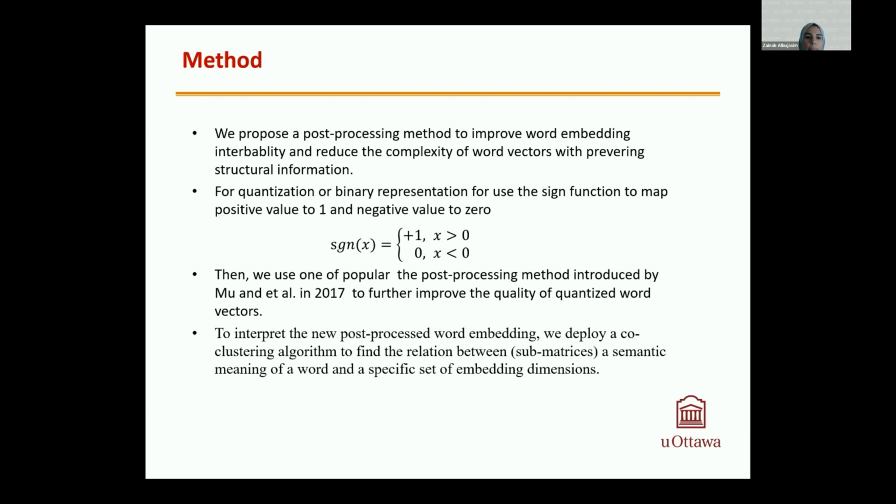And the final step to interpret the post-processed word embedding, we deploy a co-clustering technique to find the relationship sub-matrices between a specific dimension and a specific meaning in a word.